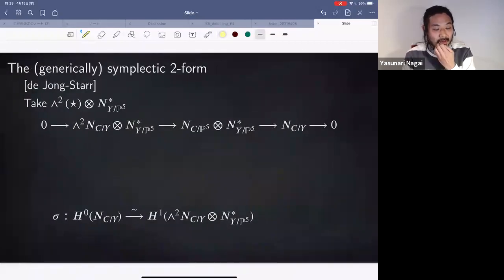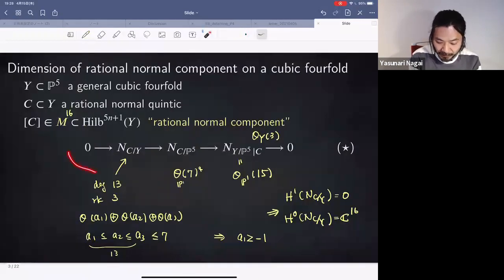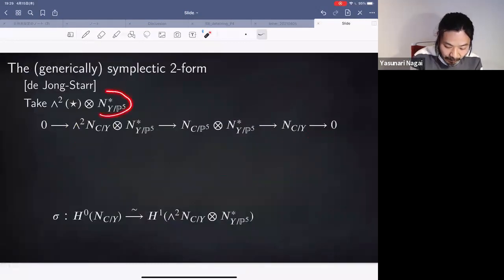Okay, so let me recall the construction of Beauville-Donagi... I mean De Jong and Starr, of the generically symplectic two-form on the moduli space. We have this fundamental sequence of normal bundles, and we take wedge 2 of this sequence and twist by the normal bundle of Y, and then we get this.